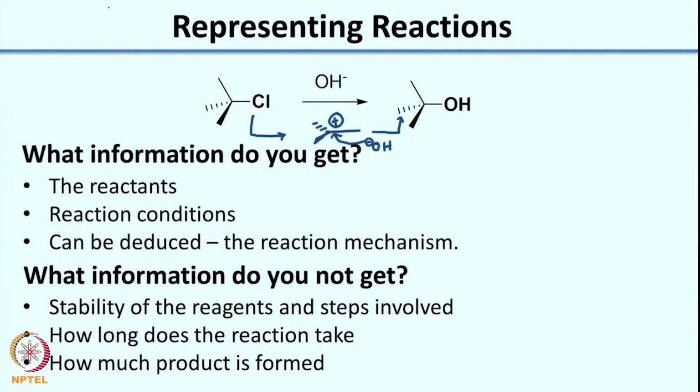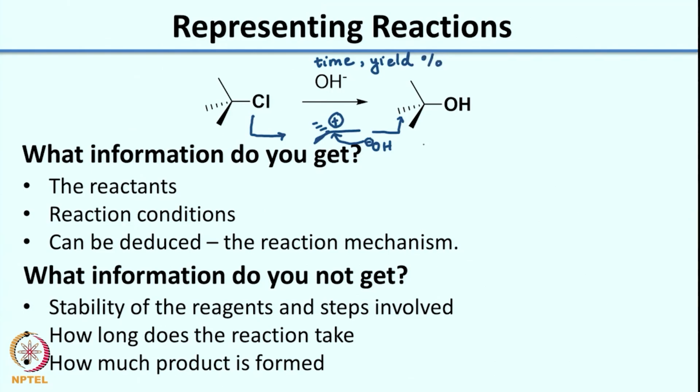So sometimes when people use this representation for reaction, they give you the time also above the arrow, and they also give you the yield, which is represented in terms of percent.